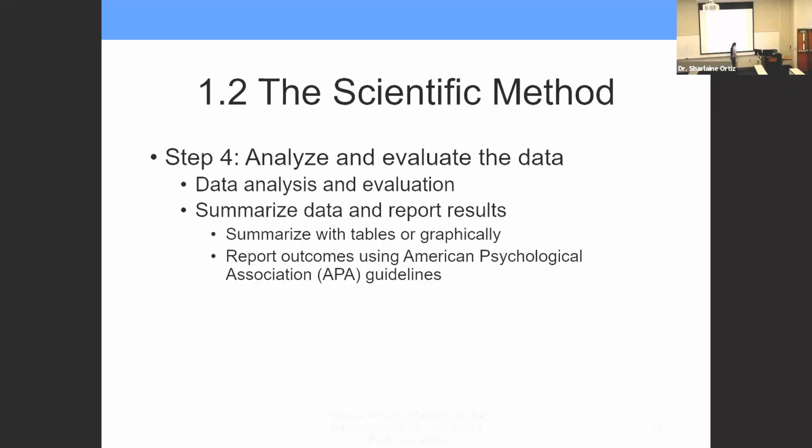That's not who you want to be. You want to be able to report results in a concise manner, because science is already difficult. Why make it more difficult? So you want to make sure that the average scientist or the average PhD could grab your research and be like, oh, I understand this.